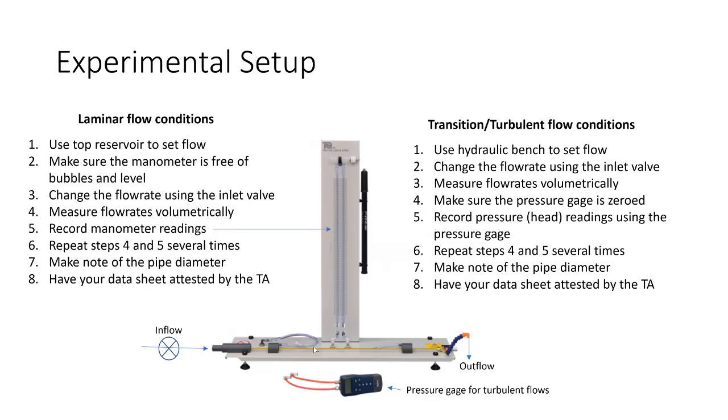Similarly, for the turbulent condition, the experiment is exactly the same, except that instead of using an overhead tank, we directly make use of the flow from the hydraulic bench to set the flow so that we get higher flow rates. And also, instead of using the manometer, we make use of a pressure gauge to directly measure our pressures, either in PSI or in meters of water. So you may end up measuring either the pressure head or the pressure.